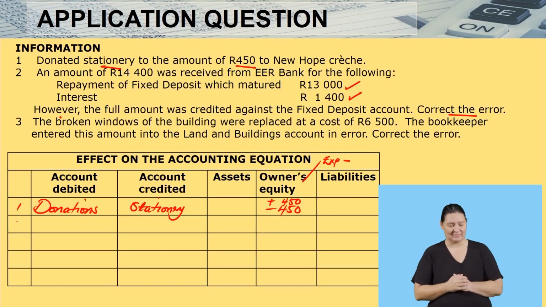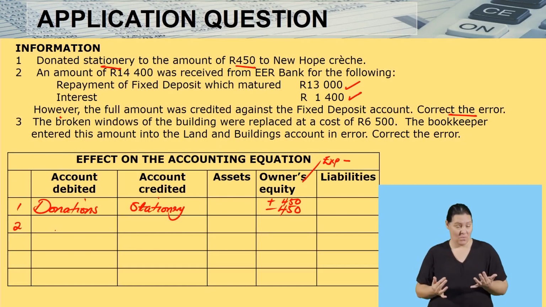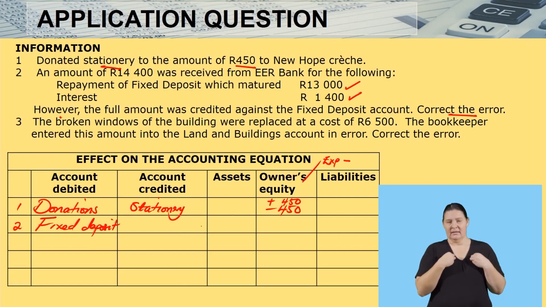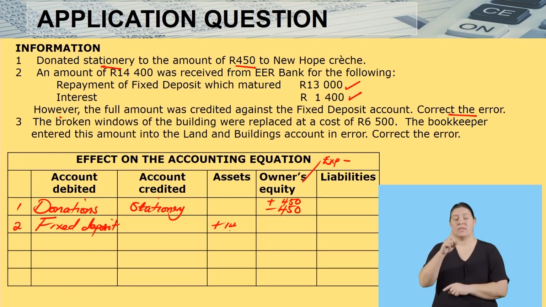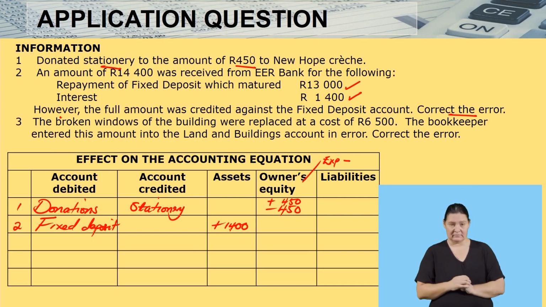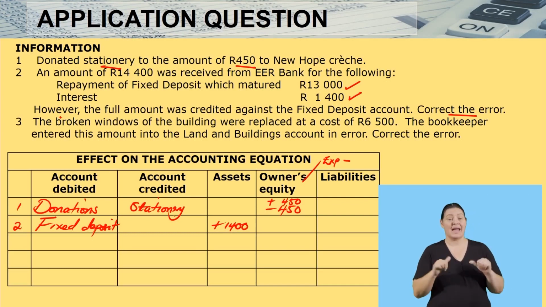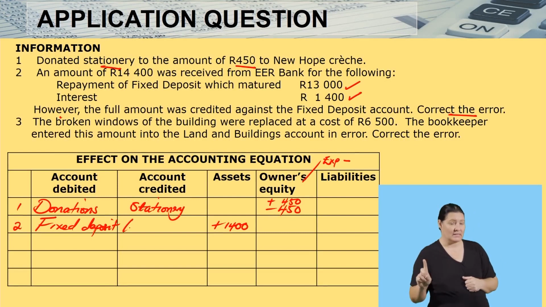To correct the error, we will debit our fixed deposit account, which was credited in error. So we'll debit our fixed deposit. Remember, fixed deposit is an asset. So once you debit your fixed deposit, we're coming now to our assets and say plus 1,400.